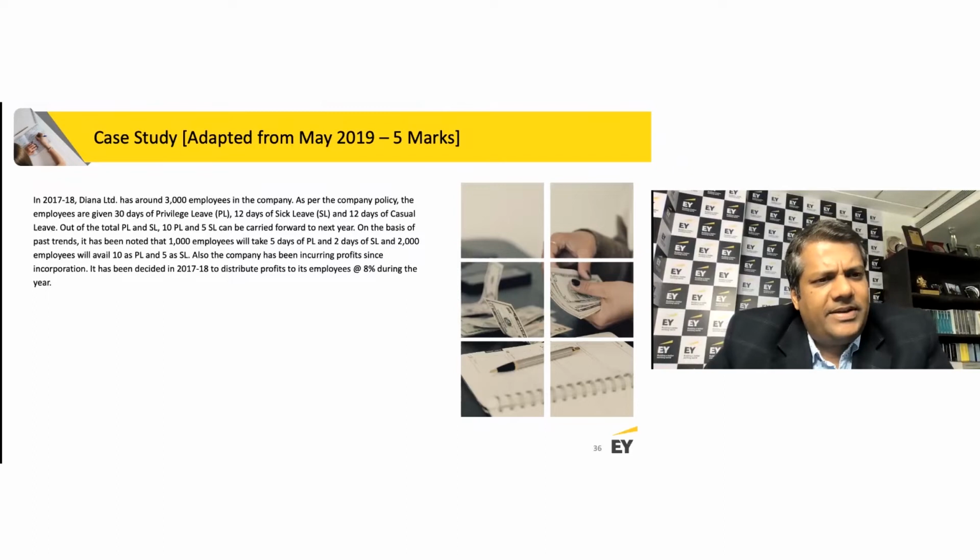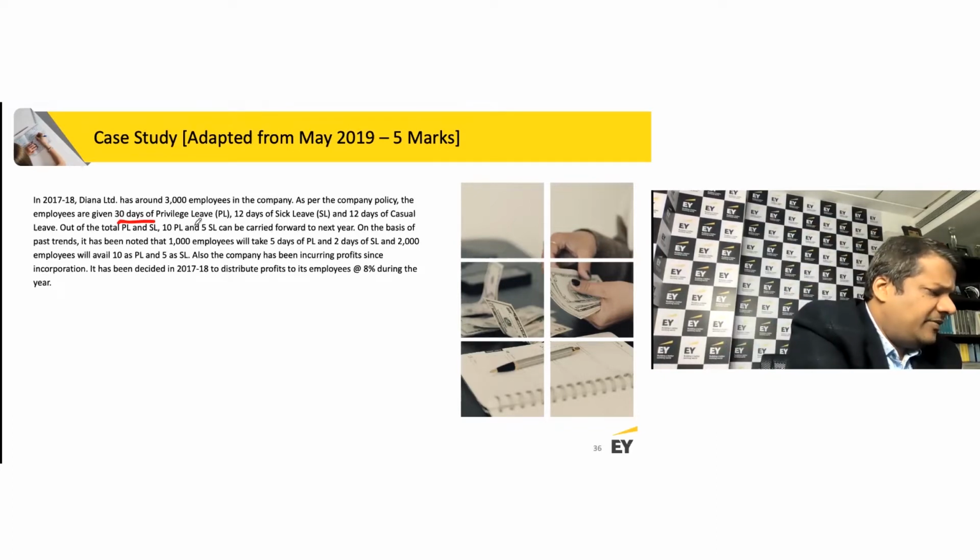In 2017-2018, Diana Limited has around 3,000 employees in the company. As per the company policy, the employees are given 30 days of privilege leave, 12 days of sick leave and 12 days of casual leave.